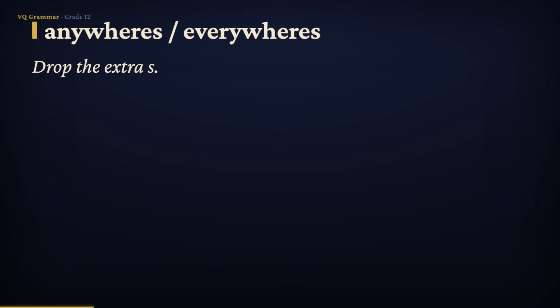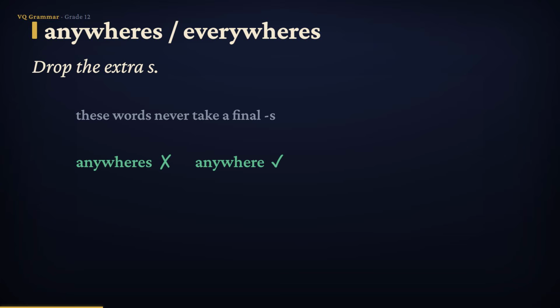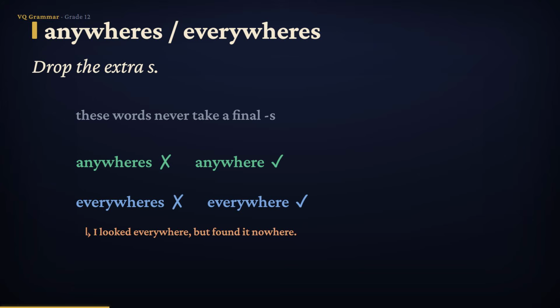Next pair, really a match set. Anywheres and everywheres. Here, the rule is short and absolute. These words never take a final S. It is never anywheres. It is simply anywhere. It is never everywheres. It is simply everywhere. I looked everywhere, but found it nowhere.